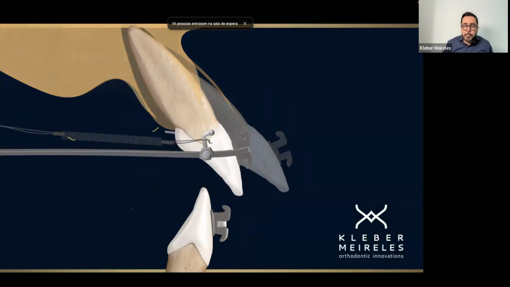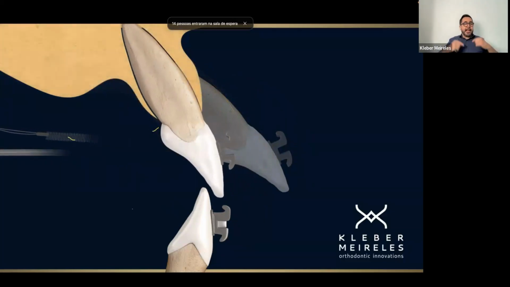And this relationship will change as a cycle. You have more inclination of the crown. Having more inclination, you're increasing the couple because of the stiffness of the arch wire, it won't be changing its shape. So you're increasing the couple, and increasing the couple, you're correcting the root, and then you do more retraction. So it's a cycle.